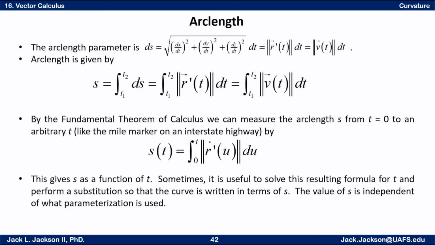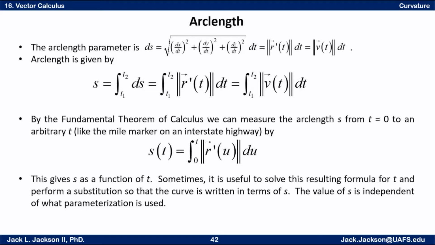The mile markers are measuring essentially what this s is measuring, the distance along the highway from the western border. Not the shortest distance, but the distance along the highway. So that's what this s is measuring, and of course s(t) is the integral from 0 to t of the norm of r'(u) du, or in other words, integrating the speed.